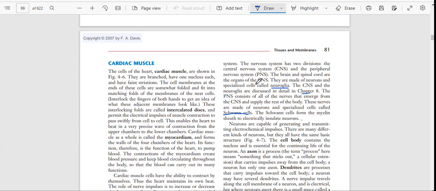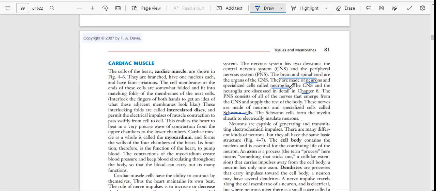In the central nervous system we have the brain and spinal cord. These brain and spinal cord are made up of neurons and some specialized cells called neuroglia. What are they called? Neurons and neuroglia.